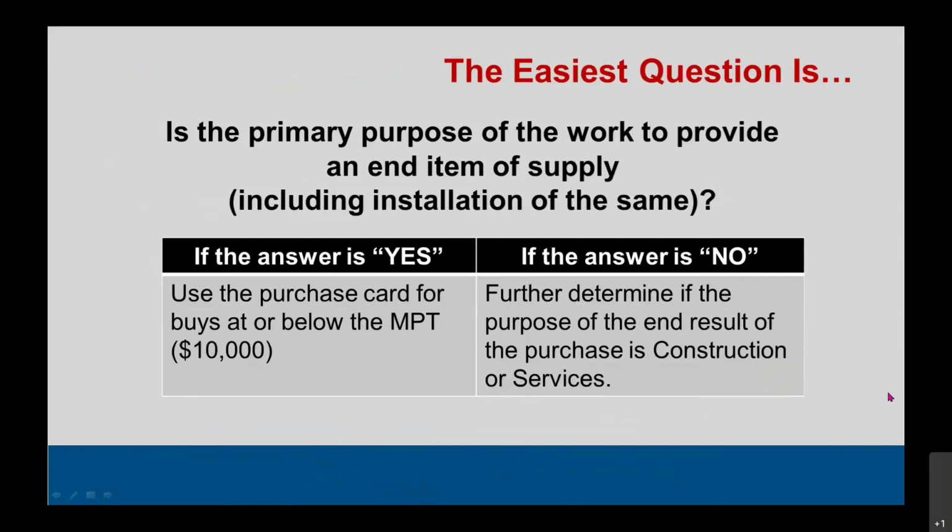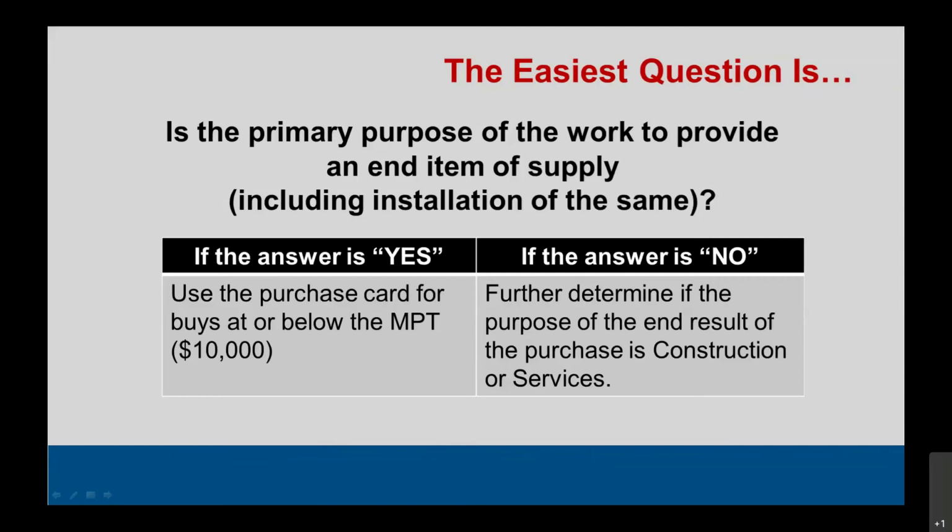When asked which micro purchase threshold applies when you're using the purchase card, sometimes there's a lot of gray area, like I mentioned. We're not always buying things that on the surface clearly fall into a category, particularly as the micro purchase threshold increases, or when you're buying at a higher micro purchase threshold in the case of contingency buying.